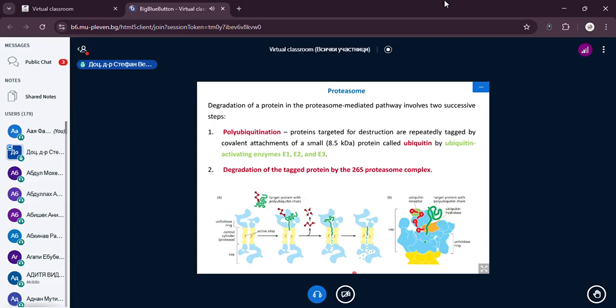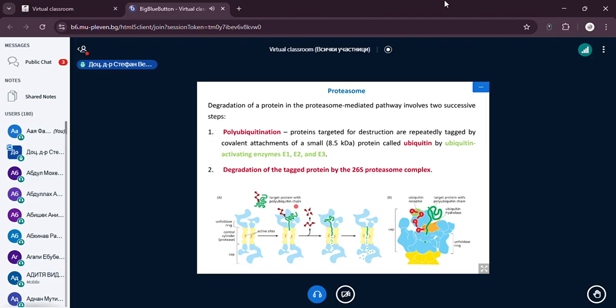Usually only one ubiquitin is not enough. More than 3, 4, 5, 6, even 8 ubiquitins are needed so that the protein can be recognized by the proteasome for degradation. And this regulatory subunit recognizes the ubiquitin tag.